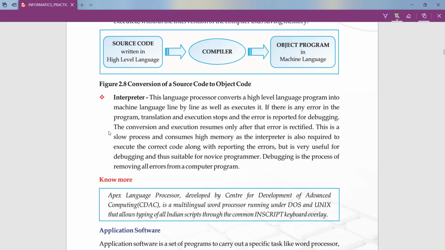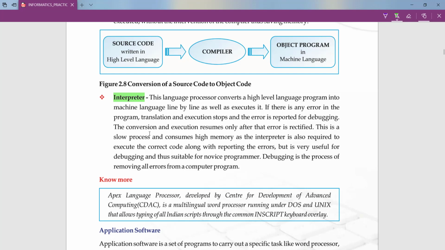Now understand about the interpreter. Our next language processor is the interpreter. What is the interpreter? An interpreter also performs the same task. It also converts high level language into low level language. But there is a difference between compiler and interpreter.